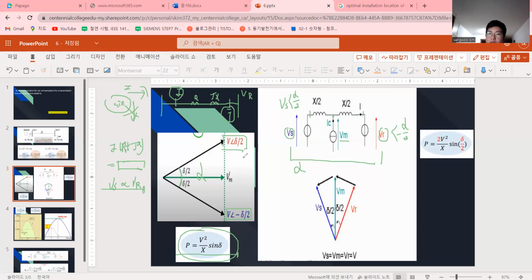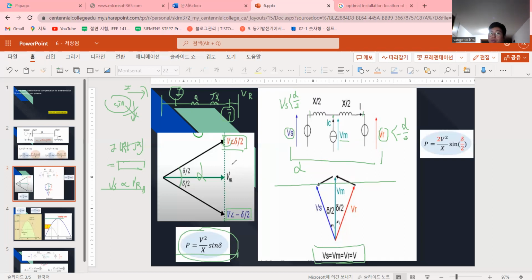Here V is the same, so depending on the delta, this is P. Since we add the bar compensation here, we want to make VS, VM and VR the same values, right? And then what happened? Now they are different values, right?